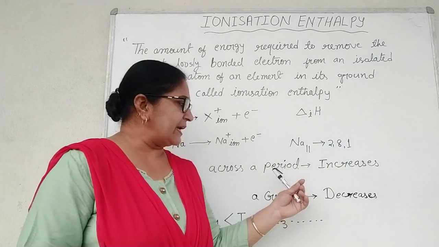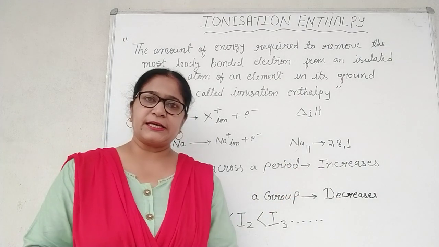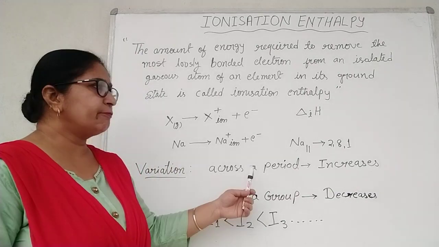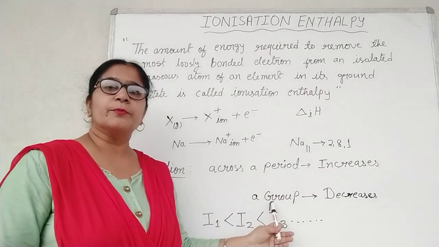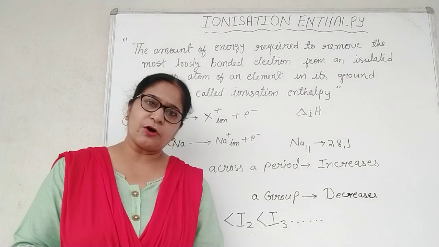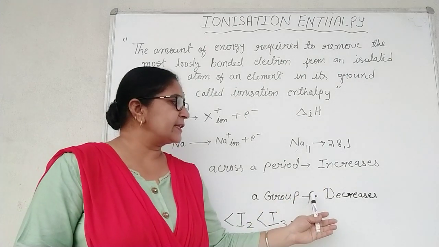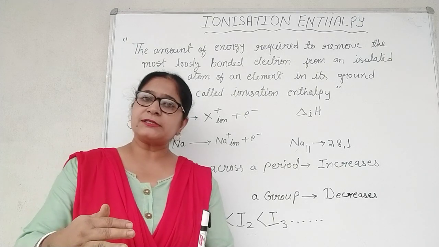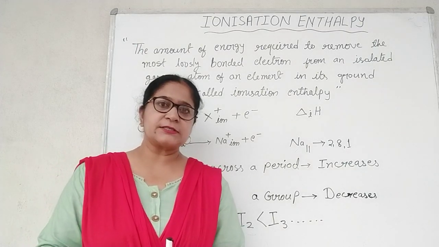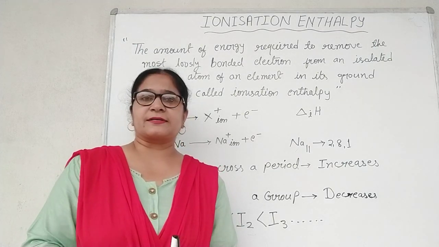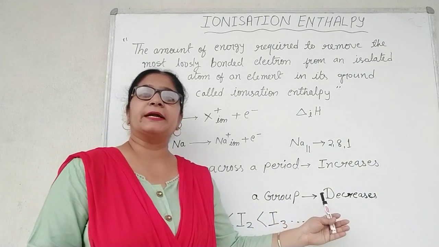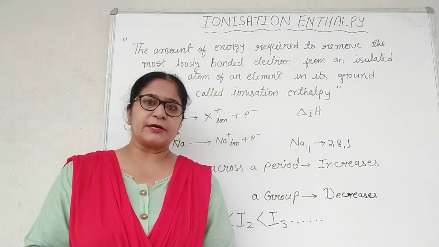On the other hand, if we move down any group from top to bottom, ionization enthalpy always decreases. Why? Because atomic size increases and nuclear attraction decreases. Okay, understood?